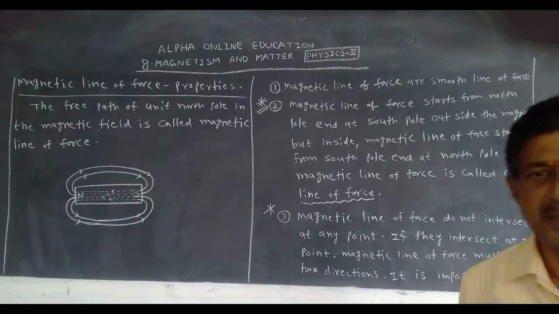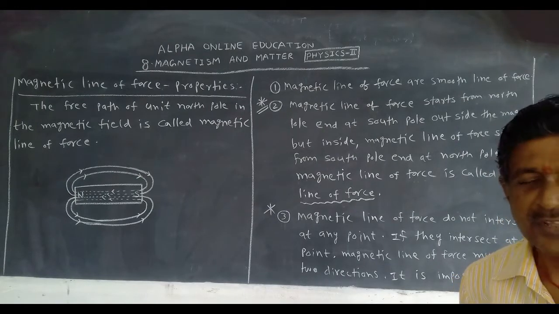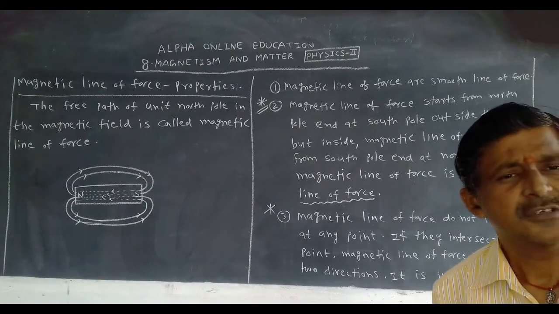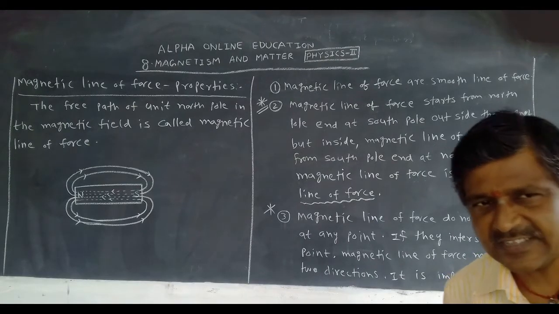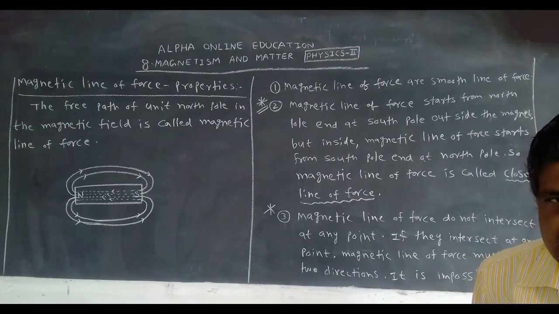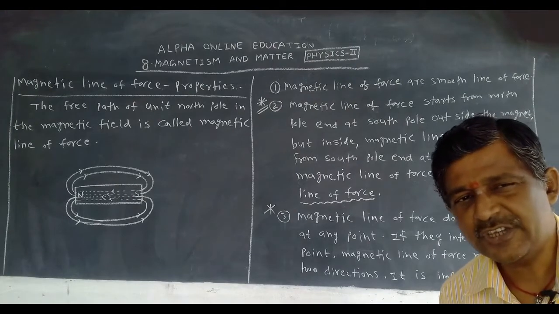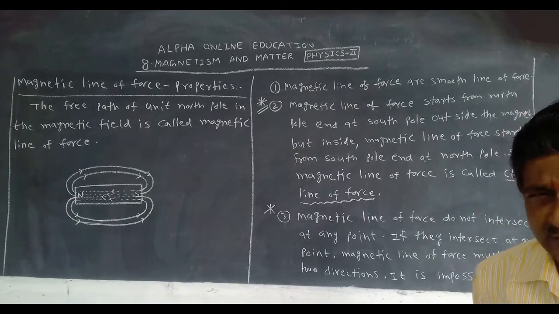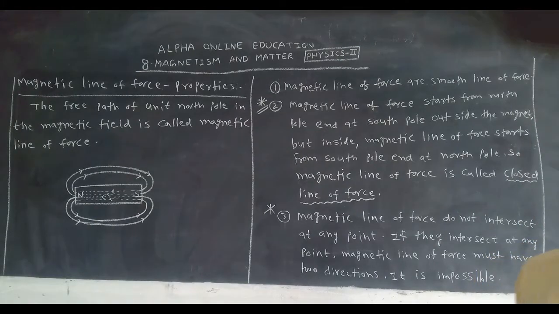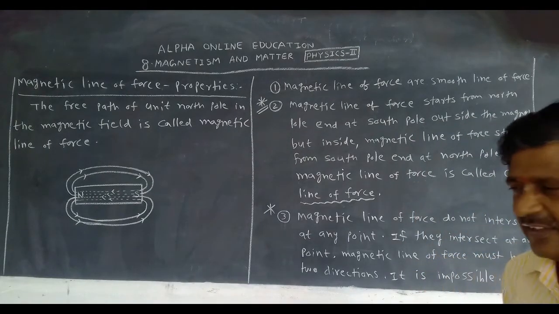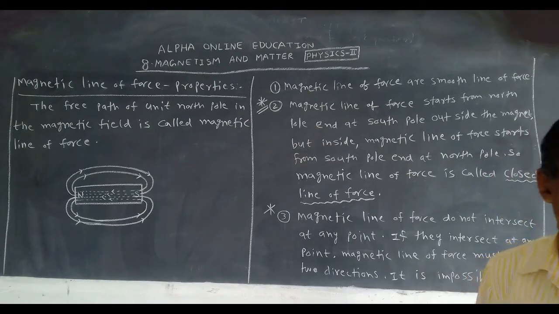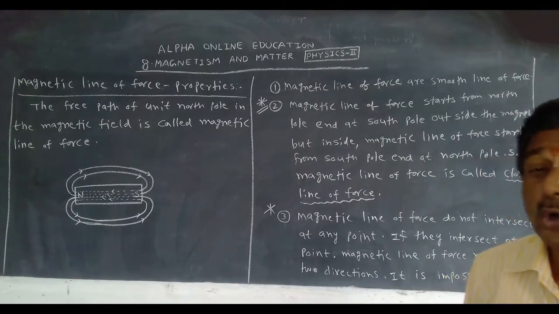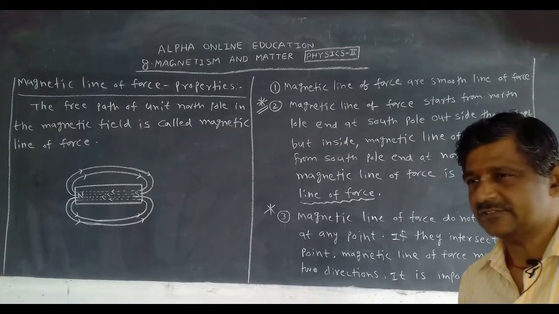But inside the magnet it starts from south pole and ends at north pole. If we see the diagram, it is not possible to find the initial point and terminus point. For our convenience we say it starts from north pole and ends at south pole. But we can't say where it starts and where it ends. That's why it is called closed line of force.